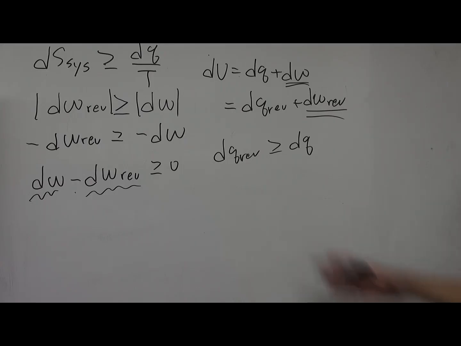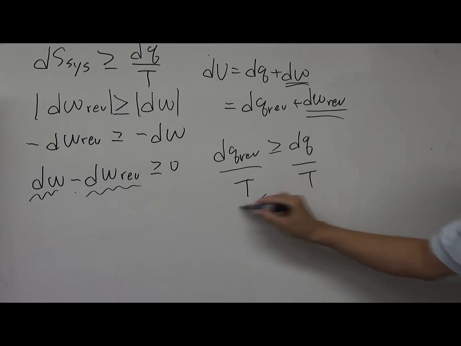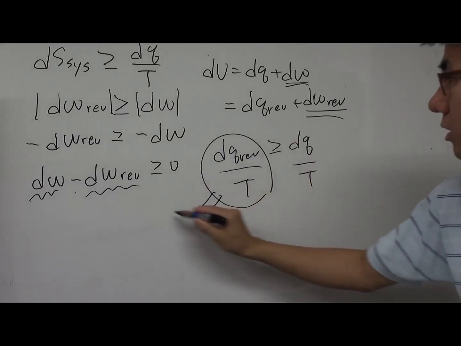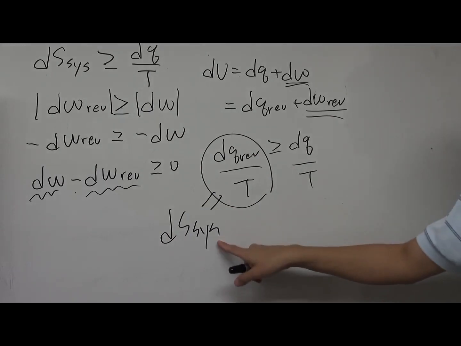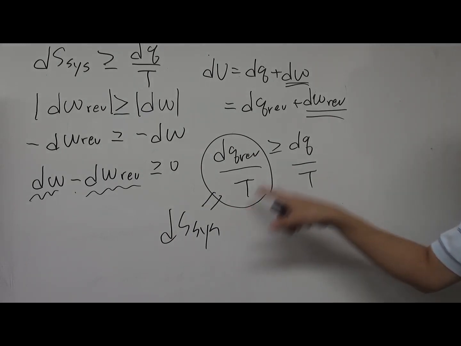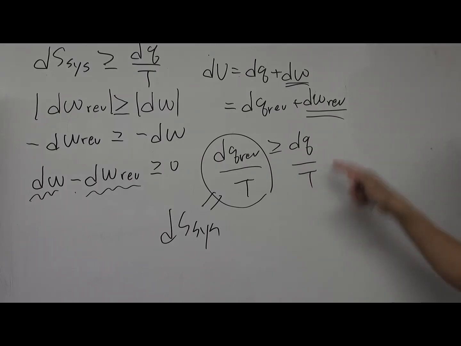If you divide both sides by T, this is the definition of entropy, right? So entropy change for the system is always larger than the q over T for any irreversible processes. This is called Clausius inequality.